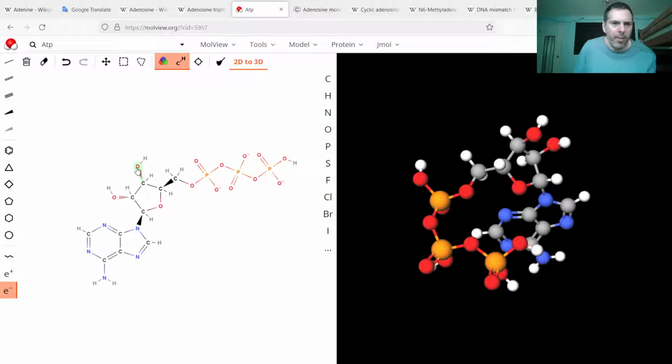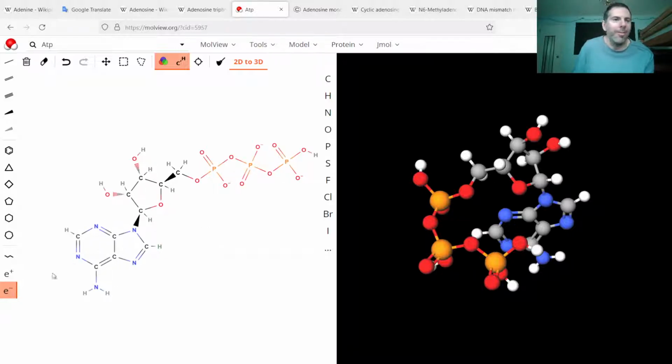And here's the oxygen that would be missing for a deoxy version of this nucleotide that would be used for DNA construction.